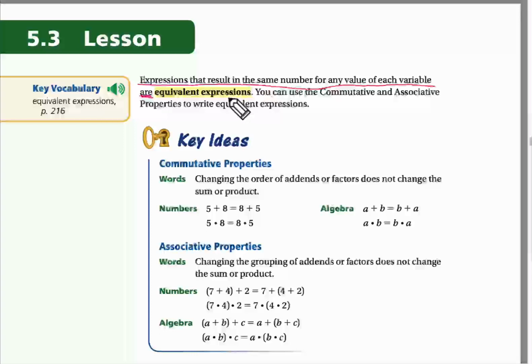So, you can use commutative property and associative property to write equivalent expressions.